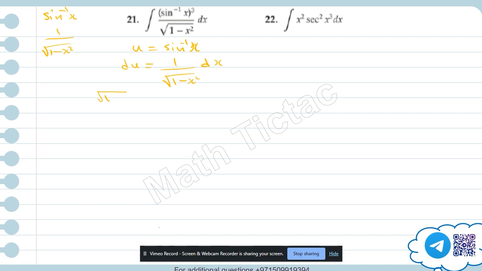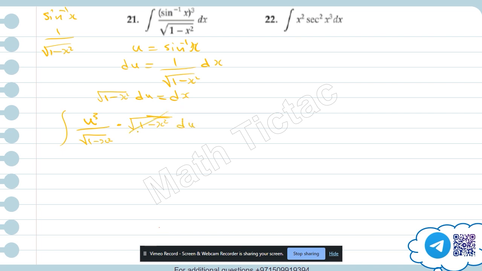Now square root of 1 minus x squared du equals dx, and I'll start the substitution. This is u cubed divided by square root of 1 minus x squared, multiplied by square root of 1 minus x squared, du.